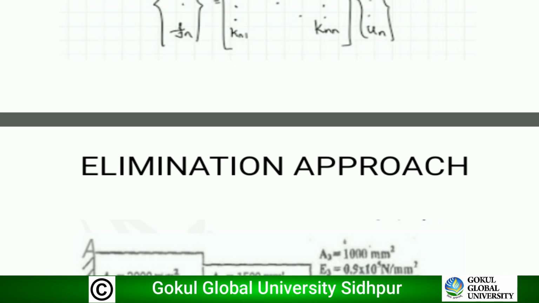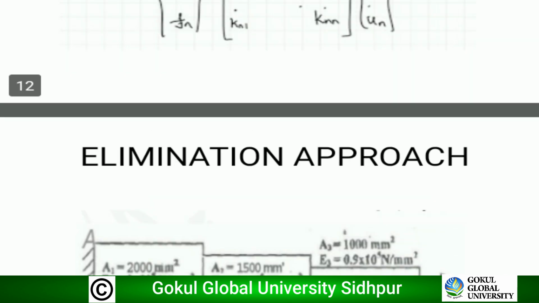Then the reaction forces. Here the reaction forces come into the picture at node number 1, which is fixed at one end. So reaction forces are there, and this is a very simple problem. Then you can easily calculate your reaction forces.